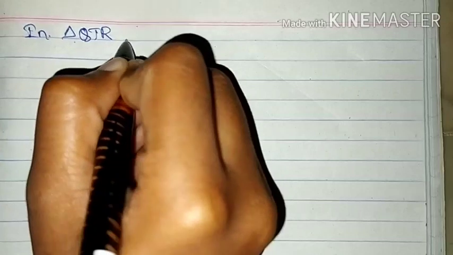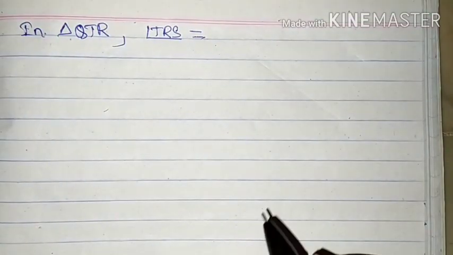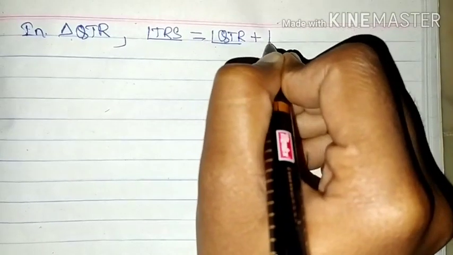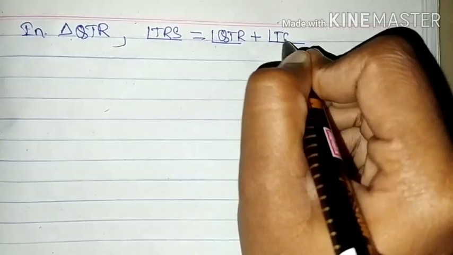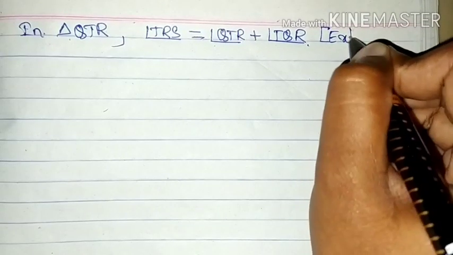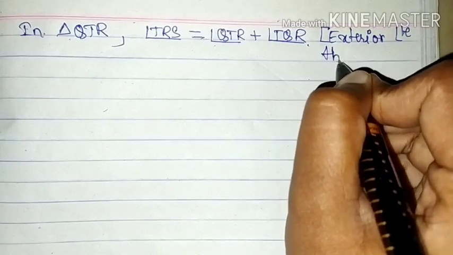Now consider the triangle QTR. In triangle QTR, if you look at the figure, you will find that angle TRS is the exterior angle to this triangle, and it will be equal to angle QTR plus angle TQR, because of the exterior angle theorem.